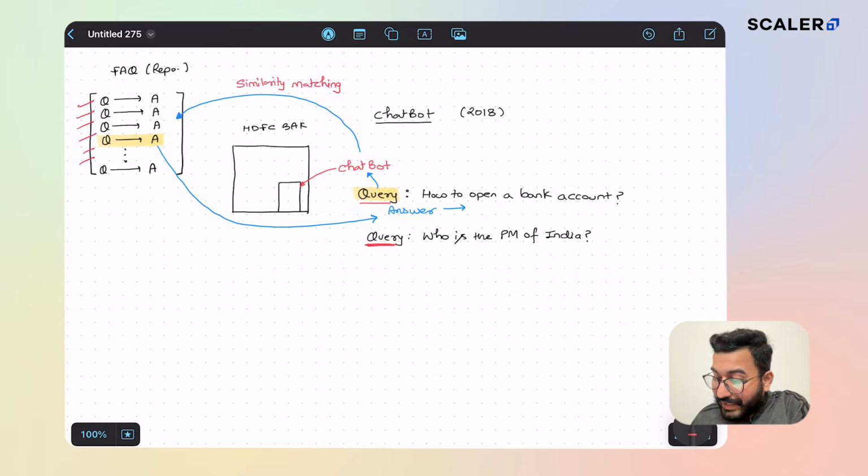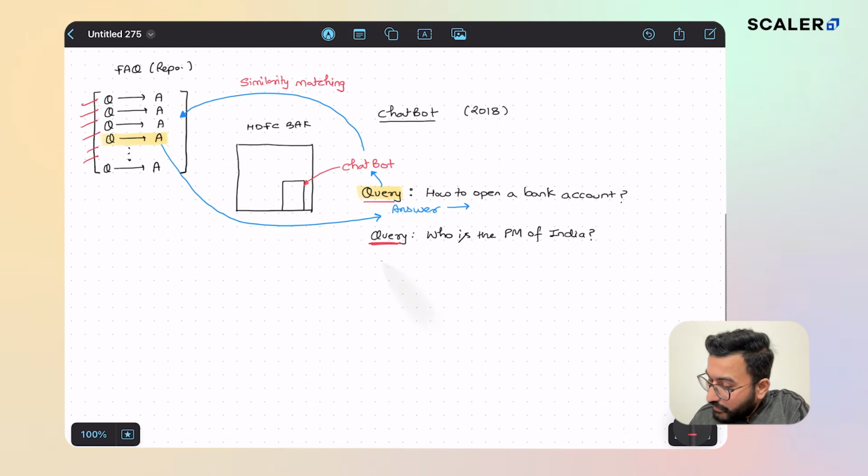So this chatbot will return a generic answer, and the generic answer would be: unable to understand your query.